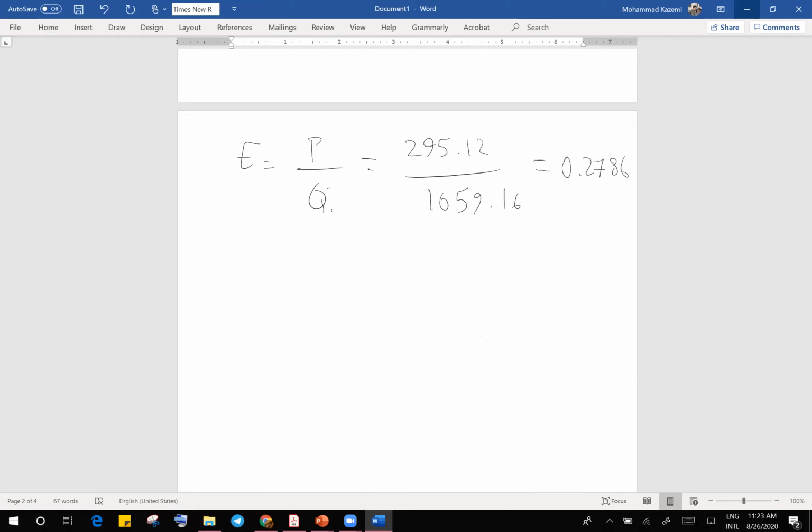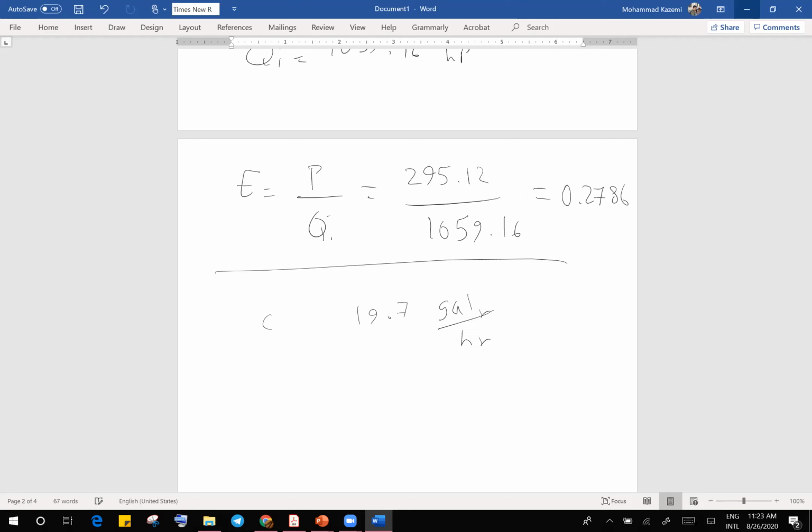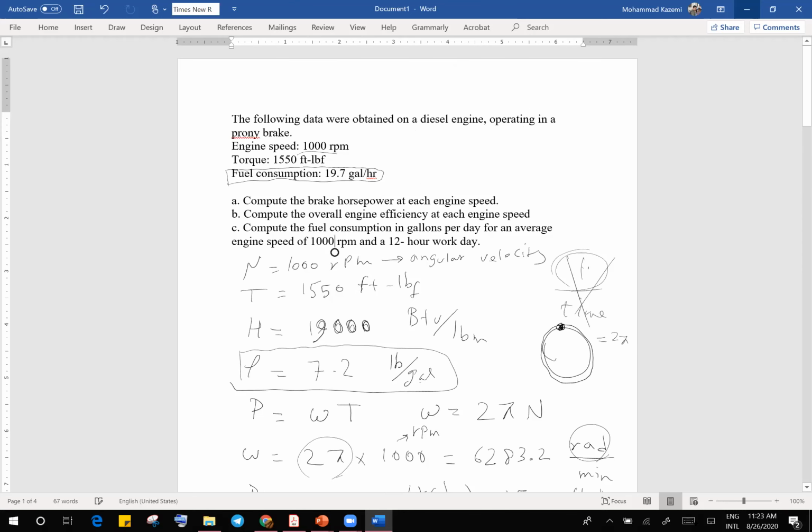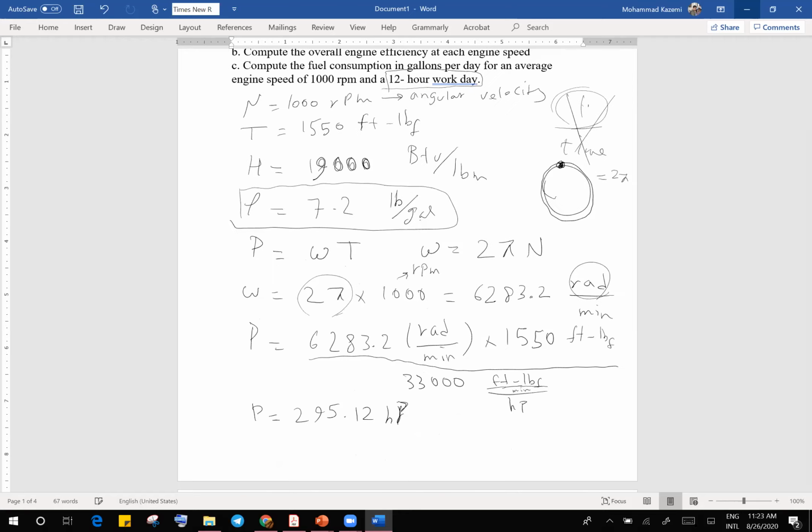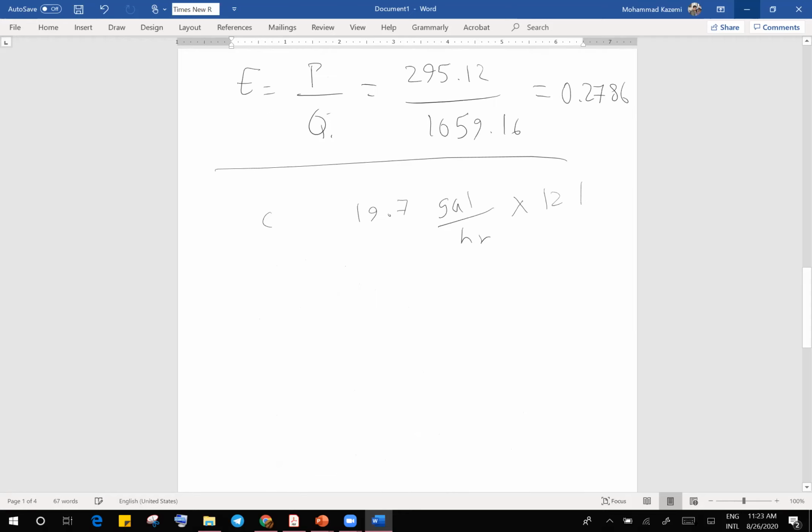We are using 19.7 gallons per hour, that's what the problem is telling us, and we want to calculate that in a 12-hour workday. You just multiply it by 12 hours. That's it.